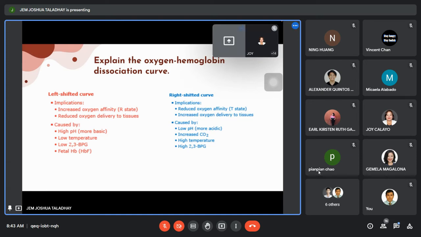The right shifted curve is associated with reduced oxygen affinity and increased offloading of oxygen to the tissues.